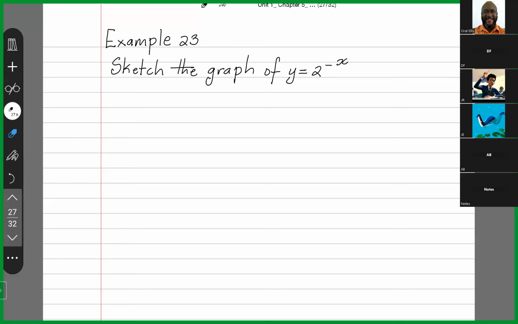All right, so for example 23, we're asked to sketch the graph of y is equal to 2 to the minus x. To get an appreciation of this, I guess we could have done a quick table of values.